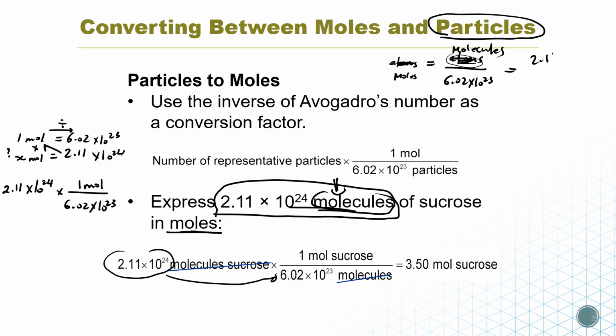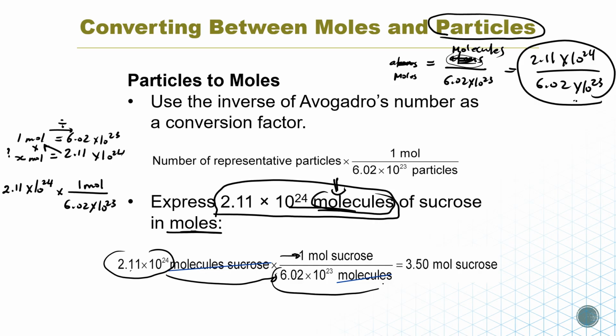So it will be 2.11 times 10 to the power 24 over 6.02 times 10 to the power 23. This is the same as what is here. When we multiply by one it doesn't matter, it's the same. Then dividing this number is the same as dividing this number. So there is more than one way to solve, and you choose the one that will help you solve questions.